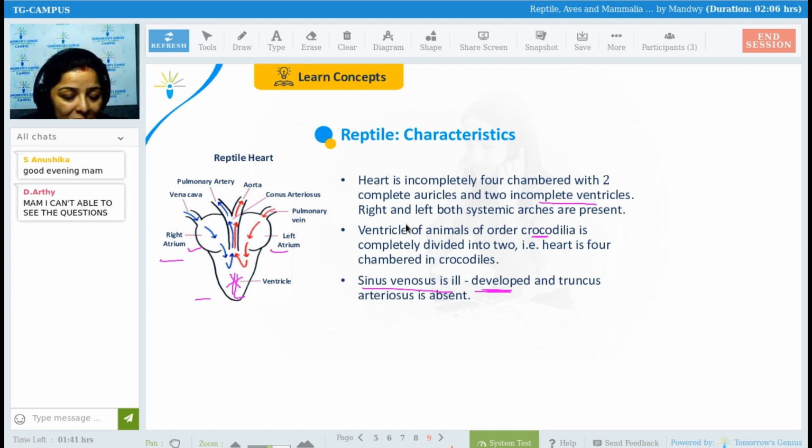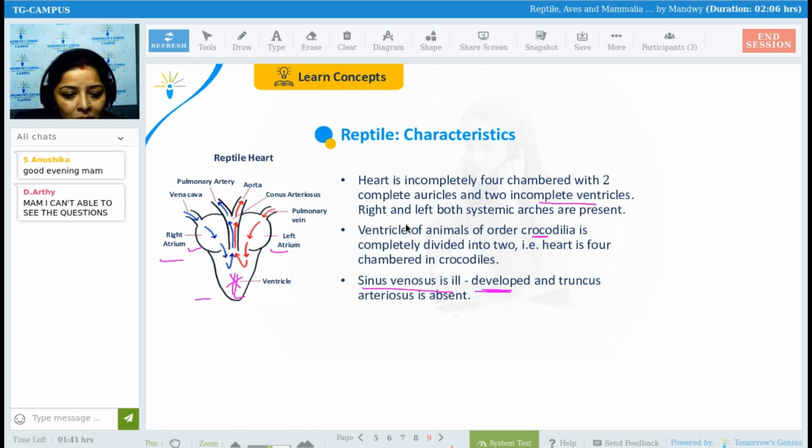Ma'am, it is a cardiac chamber. Okay, and what is a cardiac chamber? The four chambers, ma'am.